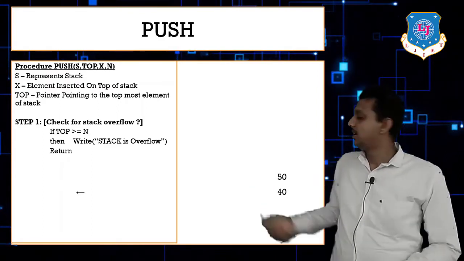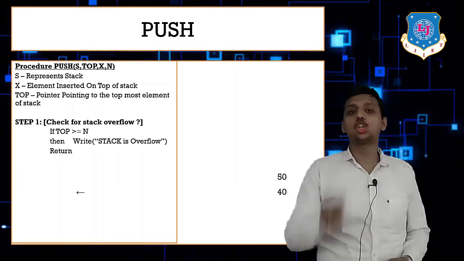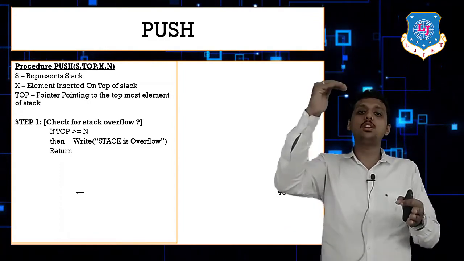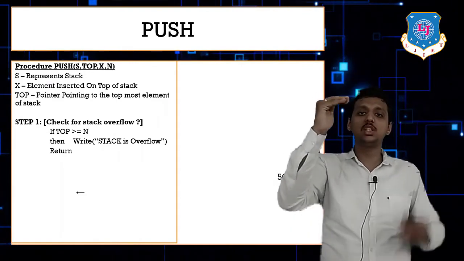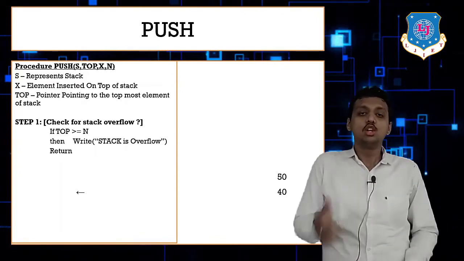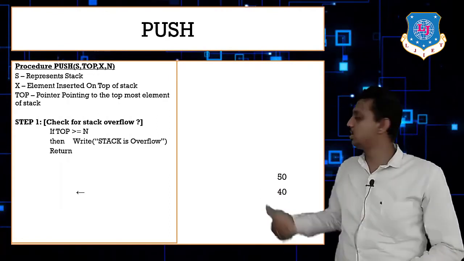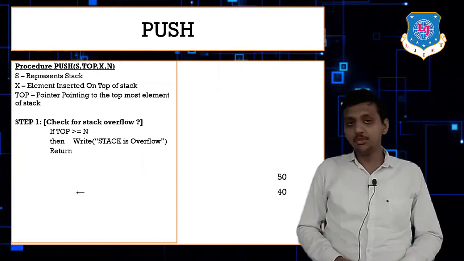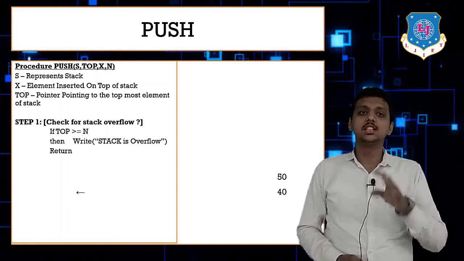Here in the first condition we are going to check whether my top pointer is pointing at N or not, because if this is my stack and my top pointer is pointing to the 5th position, and my stack size is 5, that means all 5 elements are there in the stack and my stack is full, so I cannot insert more elements. That's why my overflow condition for the stack is: if top is greater than or equal to N, then write stack is overflow and return.